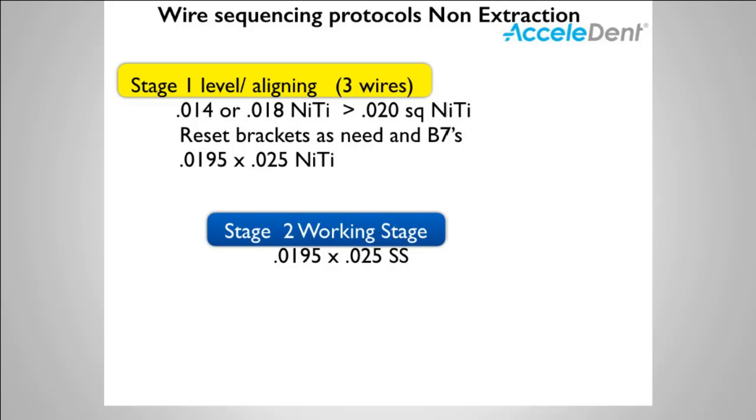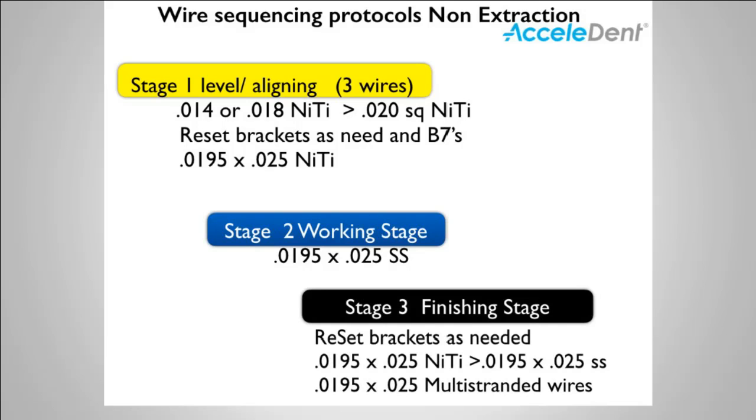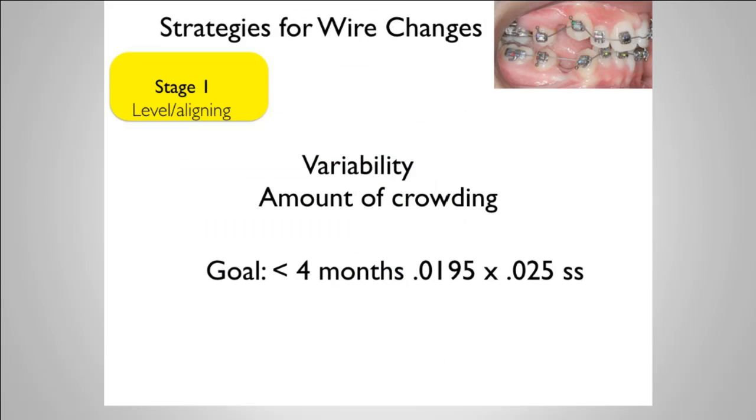Our stage 2, we stay in a stainless steel wire, 19 by 25 stainless steel. And then at stage 3, we reset brackets for the second time, progress through the 19 by 25 NiTi wire to a stainless steel wire, and finish with multi-stranded wires.